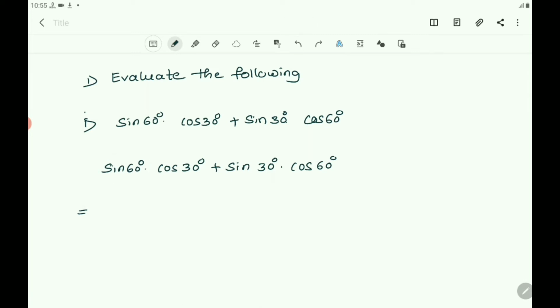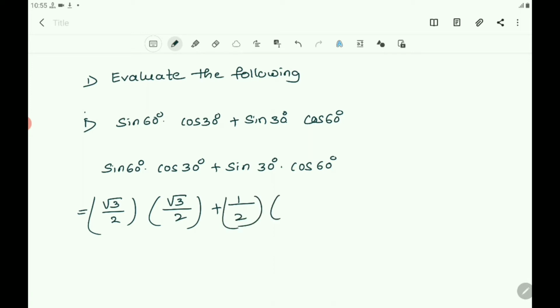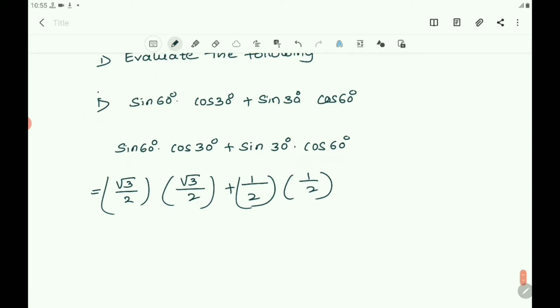Sin 60 degree is root 3 by 2. Cos 30 is also root 3 by 2. You know that sin 60 and cos 30 are same. They are root 3 by 2 plus sin 30. Sin 30 is 1 by 2 and cos 60 is also 1 by 2. Sin 30 and cos 60 are same. Sin 60 and cos 30 are same.